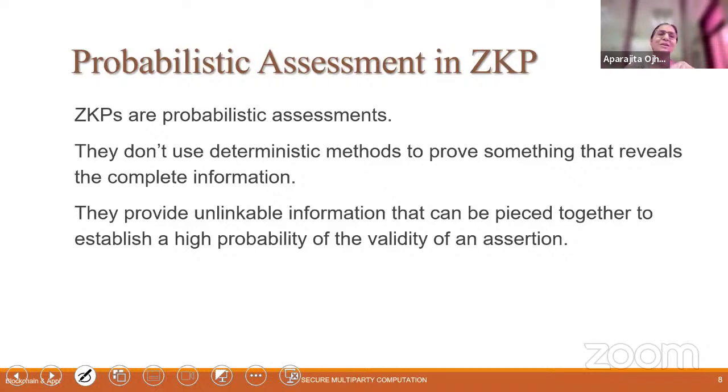But if you did not know about my key and I did not know about your key, and both of us are simultaneously putting our inputs and the locker is opened, then we know that this multi-party computation can be done to arrive at an output or validity of an assertion.